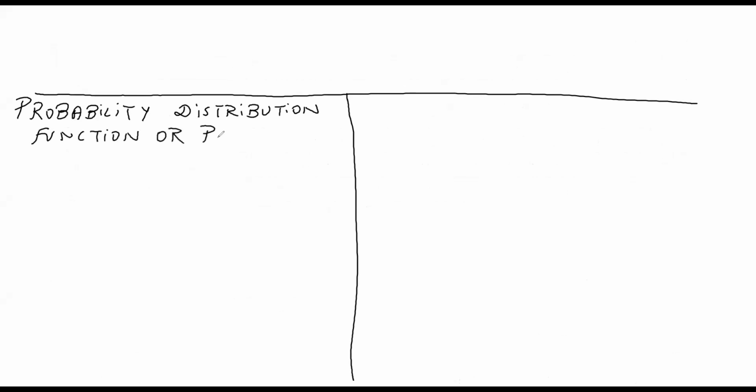Okay, so I can come to the whiteboard, explain you on the whiteboard. Okay, so let's draw a table, and in the table you shall understand this in a better way. This is probability distribution function, which we have already done before. Probability distribution function or probability mass function.